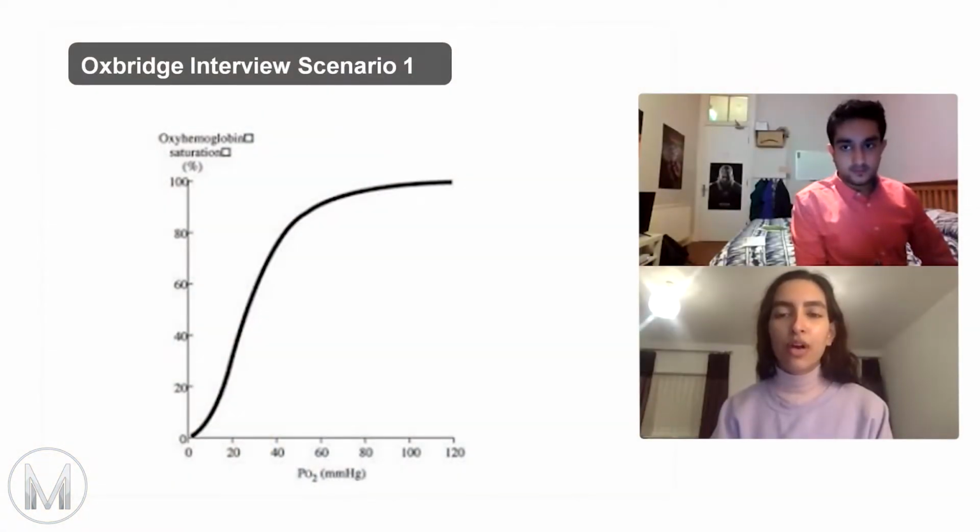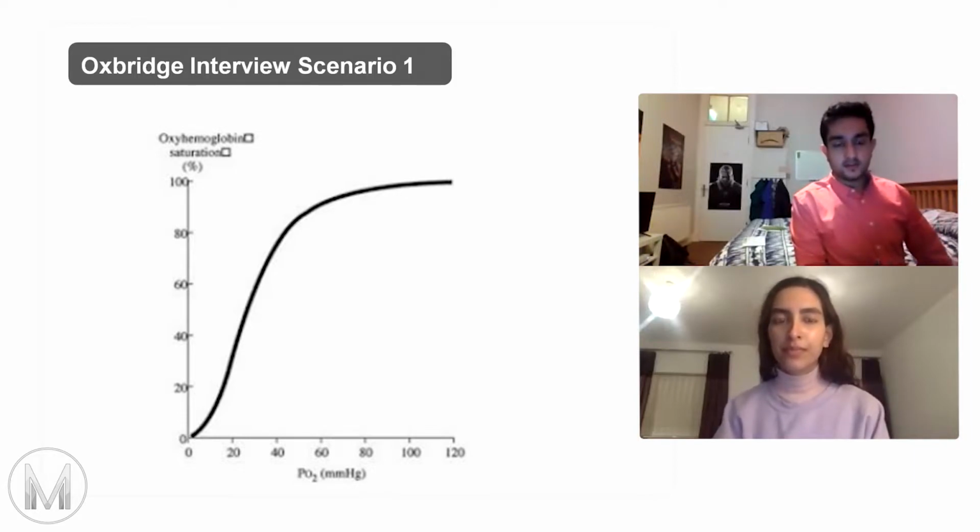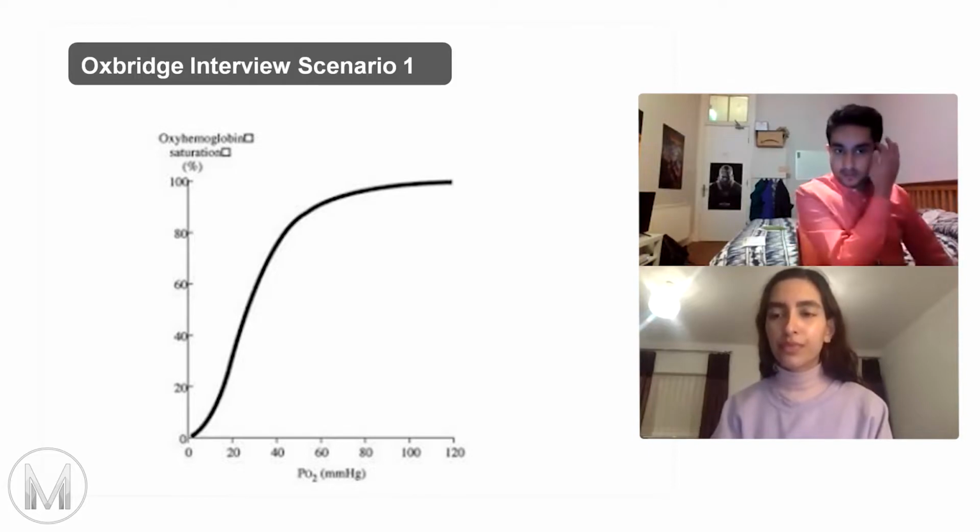And why is the graph this shape? So I think it's to do with oxygen binding to the hemoglobin. What it's showing is that at low partial pressures of oxygen, a slight increase in that oxygen level will lead to a large increase in oxyhemoglobin present.